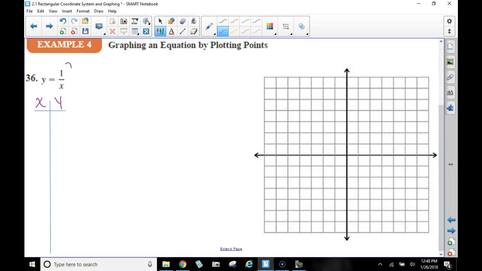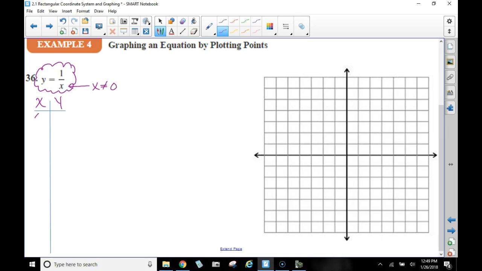Now, the rule is, to get the y value, you're going to take 1 over the x value. When you do 1 over something, that's the same thing as calculating the reciprocal. Now, one thing that we want to make sure of is, because we have a fraction, x is not equal to 0.